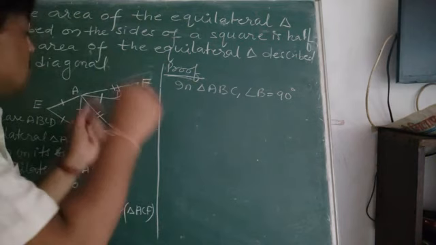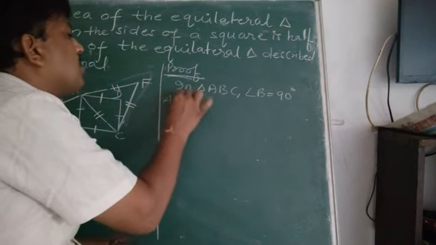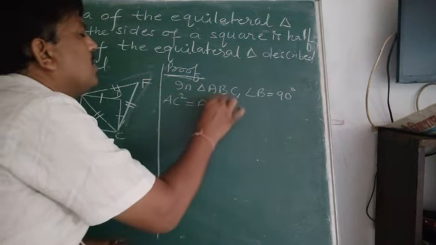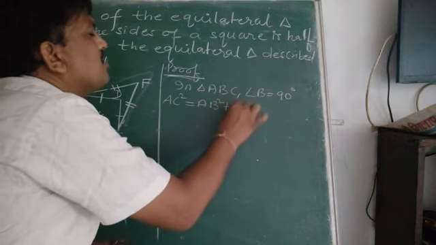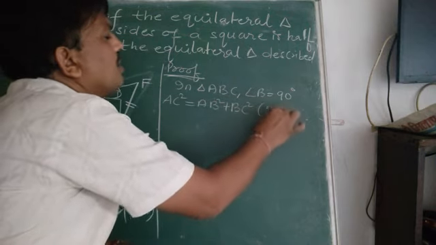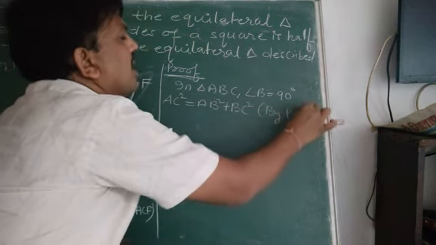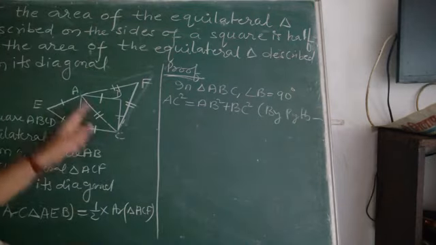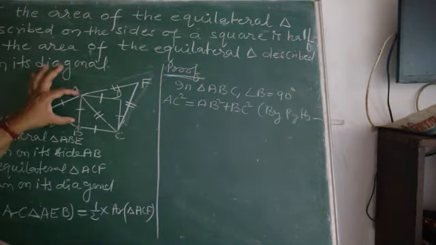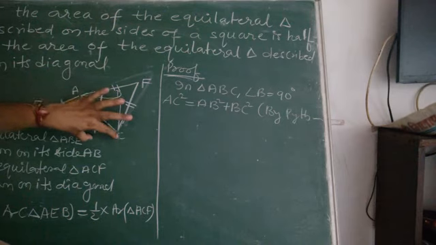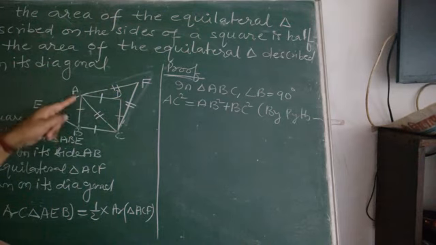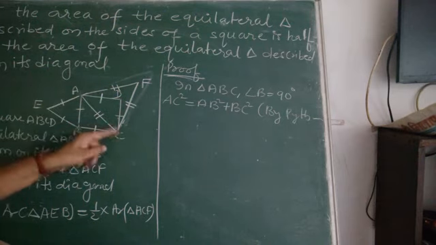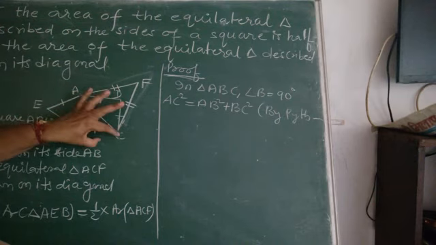Okay. So as per this, hypotenuse square is equal to AB square plus BC square. How, children? By Pythagoras theorem. AC square is equal to AB square plus BC square. And here we see that the sides of this triangle are sides of the square, and in a square these two sides are equal.